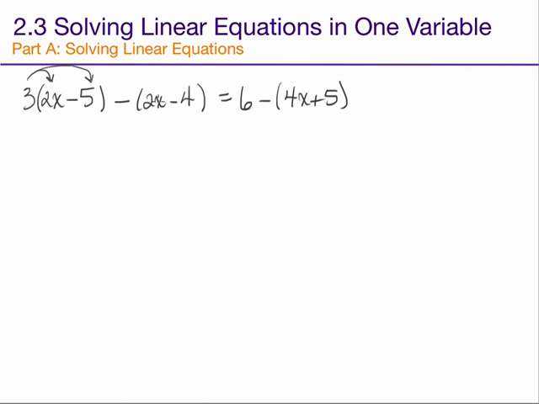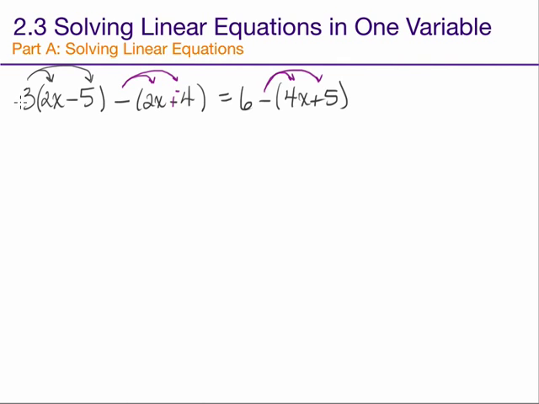A third way to think of this is minus everything that follows is like saying the opposite of everything that follows. So think of this as the opposite of 2x and the opposite of negative 4. I'll do the same thing here. This is going to be the opposite of 4x and the opposite of positive 5.